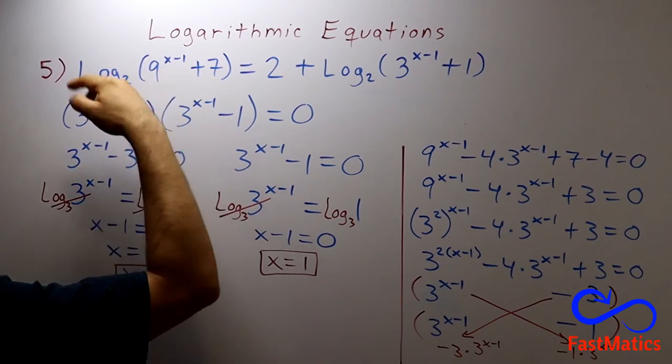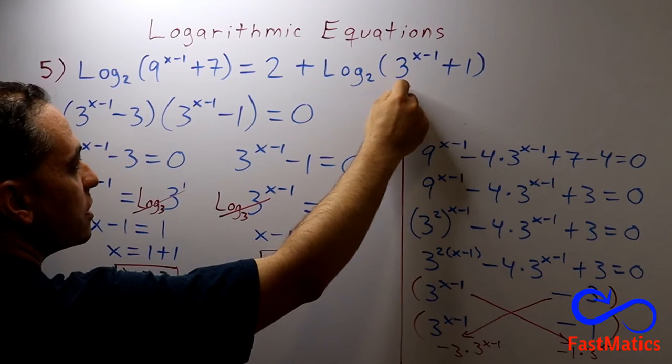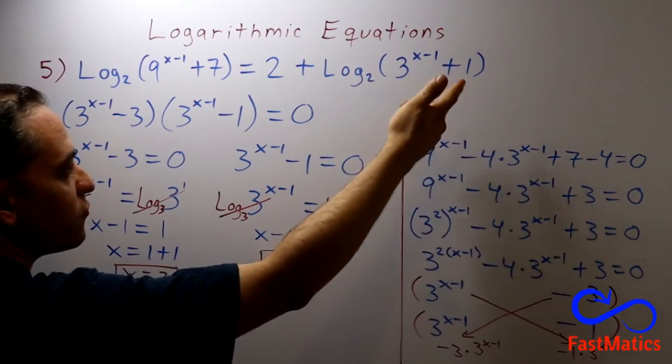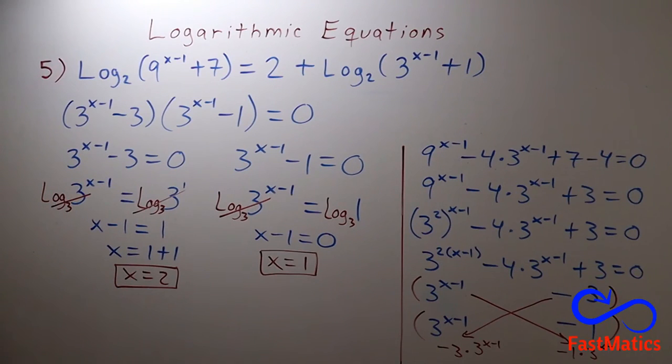Logarithm base 2 of 16, no problem. 2 minus 1 is 1, 3 to the power of 1 is 3, plus 1 is 4. Logarithm base 2 of 4, no problem. So here we have a correct answer.